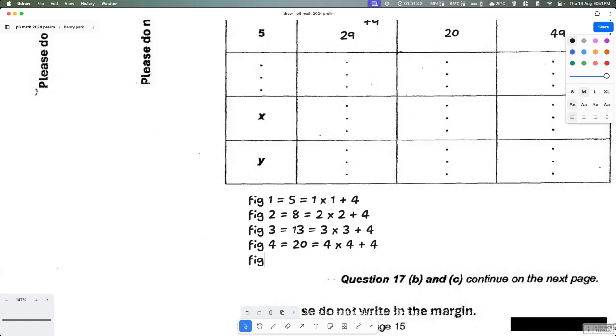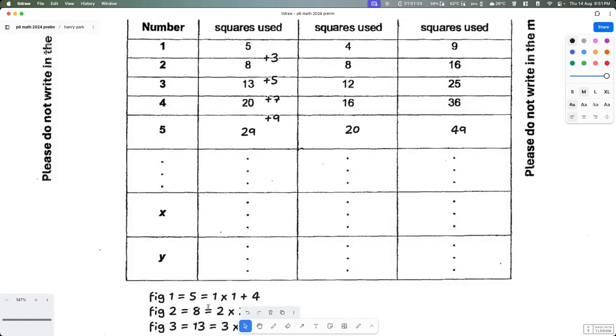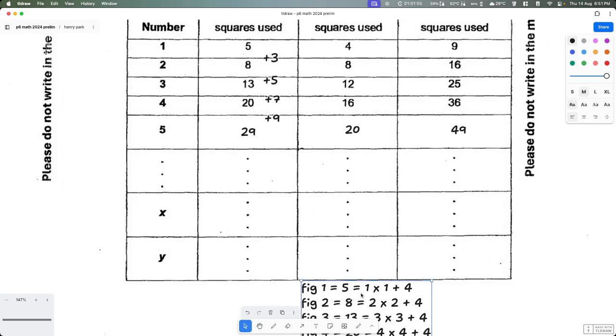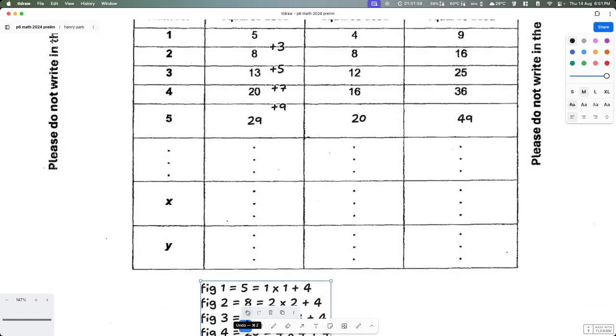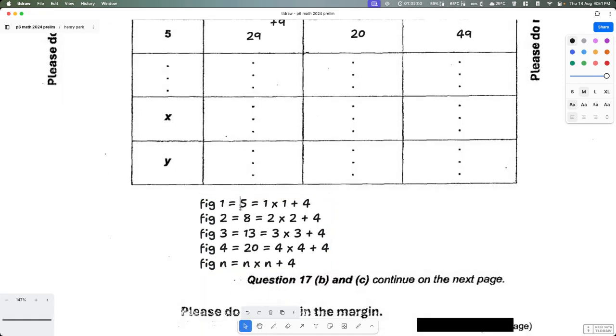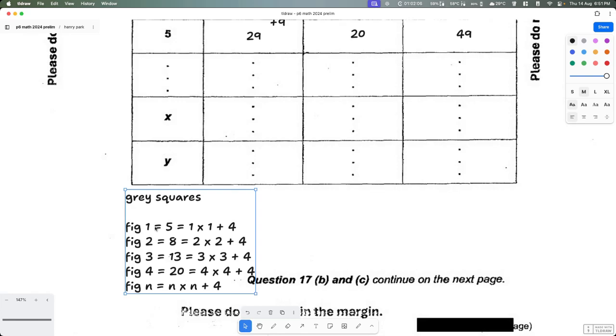So figure n should be equal to n times n plus 4. That's about it. Okay, so this is for number of gray squares over here, like this. Sorry, this is for gray squares. Okay, so gray squares is this.